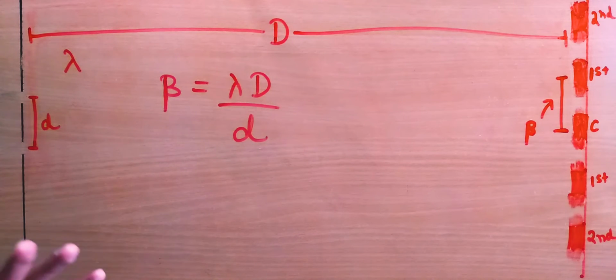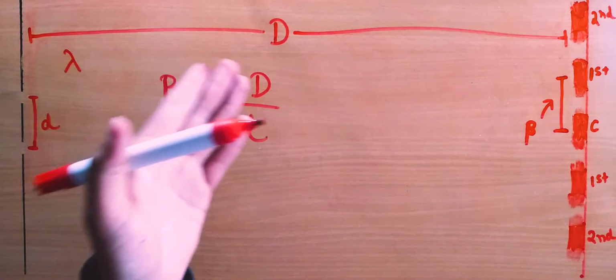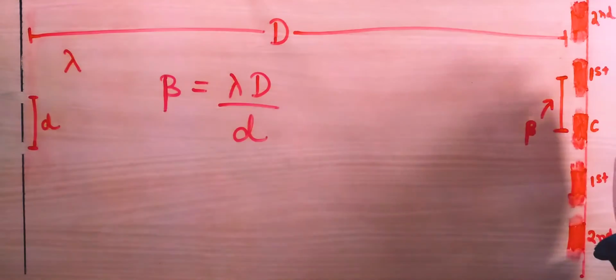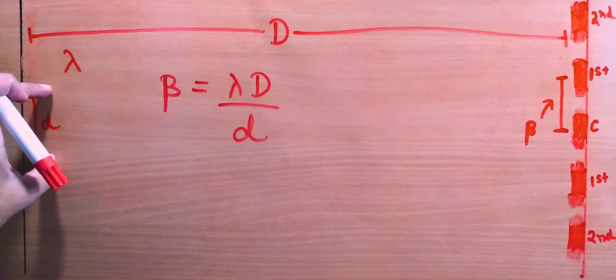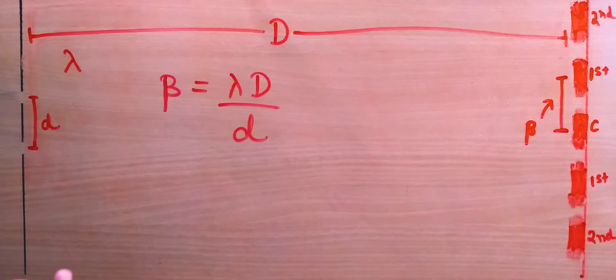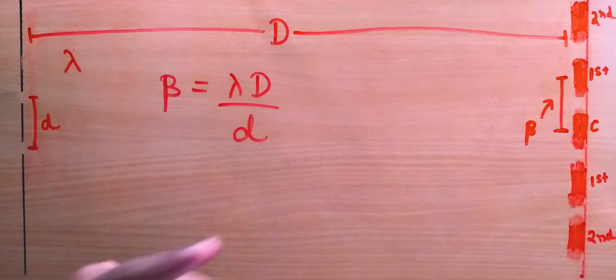So now let us go through the approach that you need to keep in mind while solving problems related to fringe width. We have four variables here: fringe width, wavelength, distance between the screen and the slits, and the distance between the two slits themselves. Four variables, which means to solve such an equation, at least three of the variables must be given in the question.